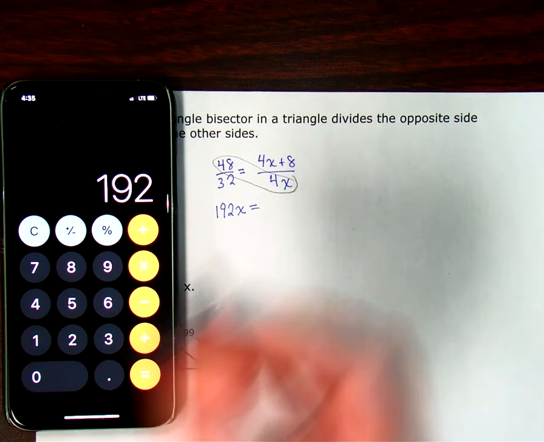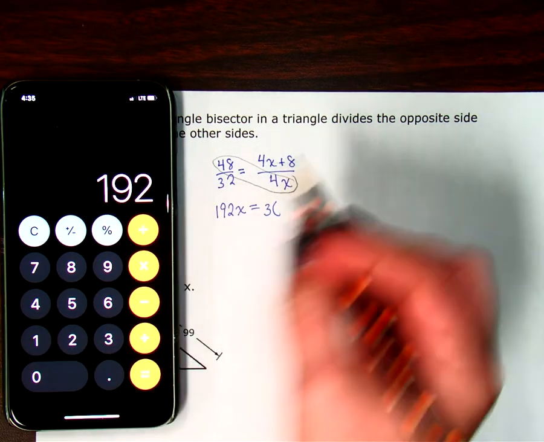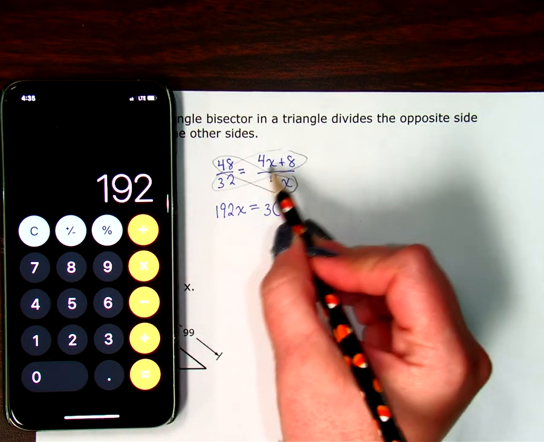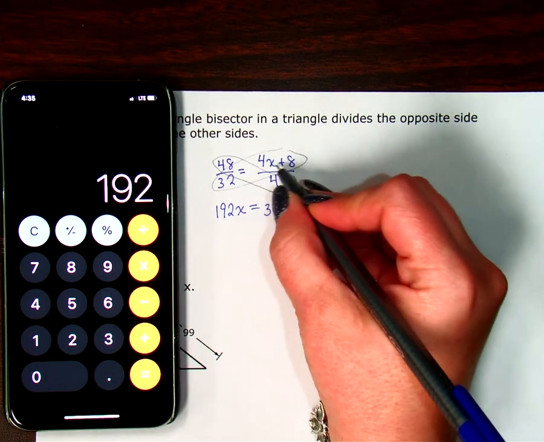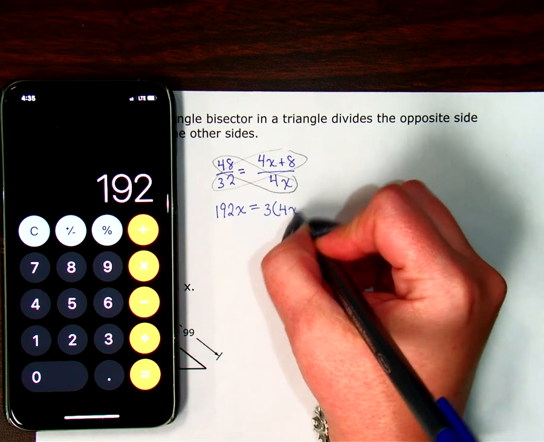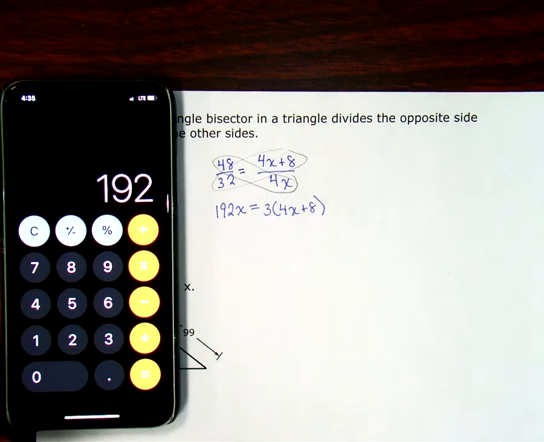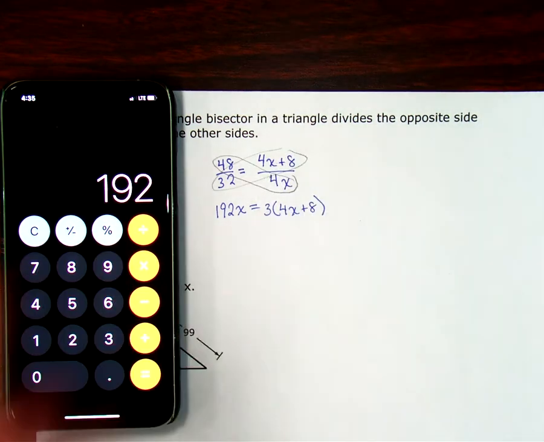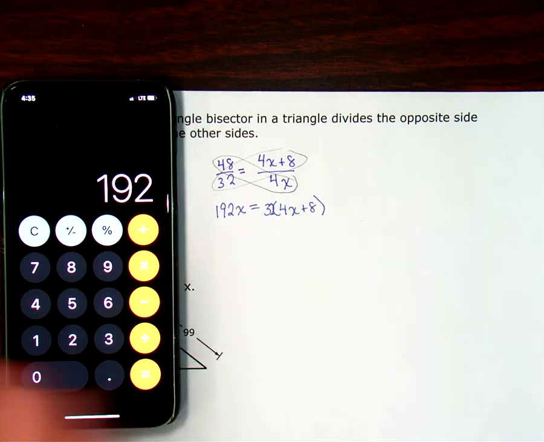That's going to equal, on the other side I'm going to have 32 times the whole expression, right? When I cross multiply on this side, I have to multiply to that whole expression. So 4x plus 8. Okay, so now I need to distribute my 32 times 4x plus 8.